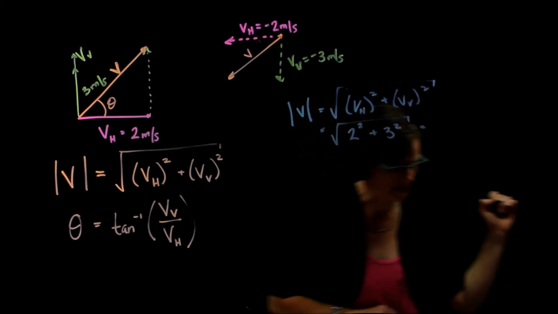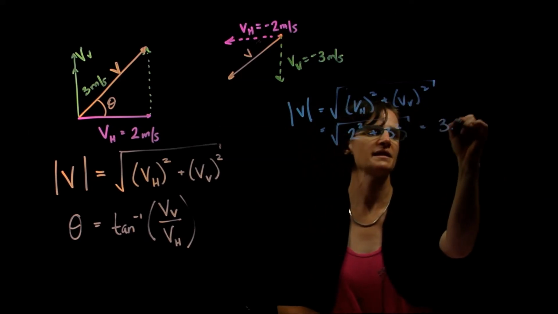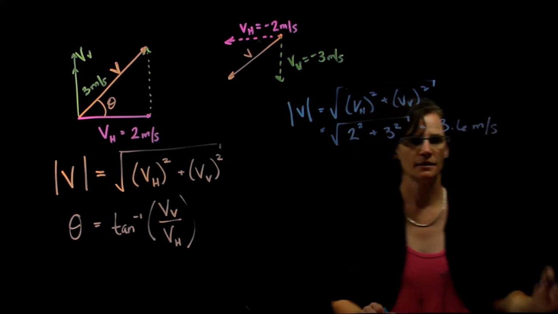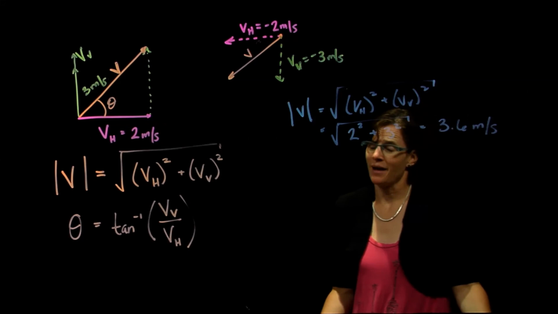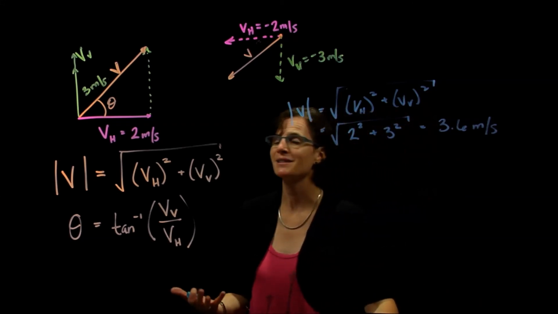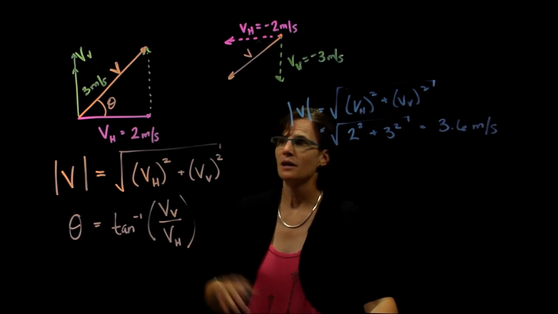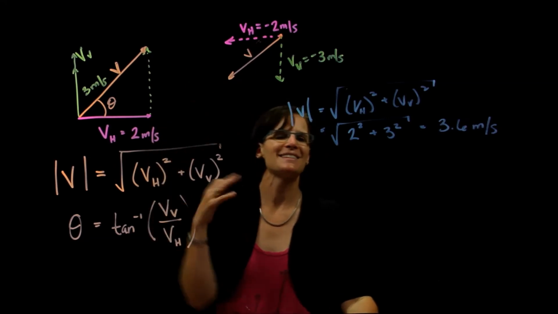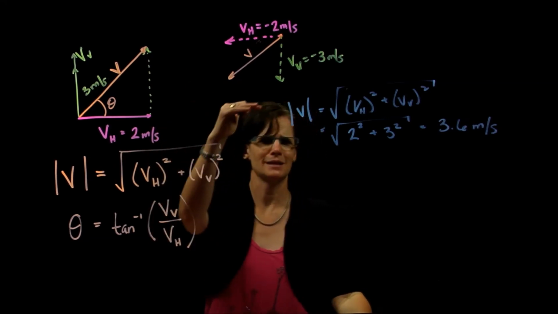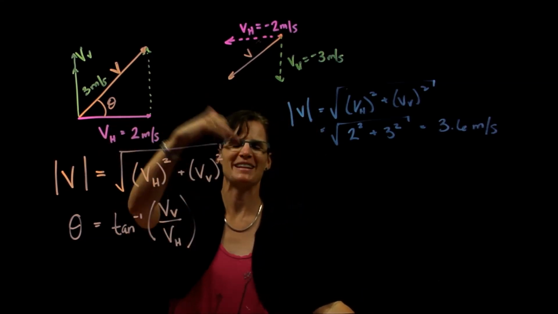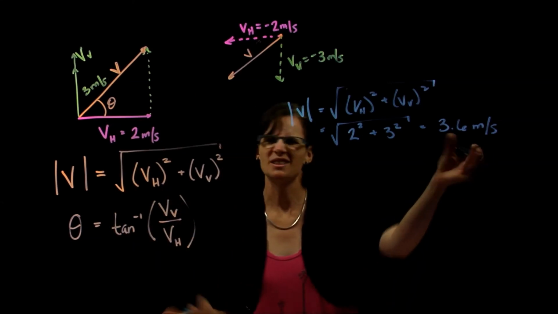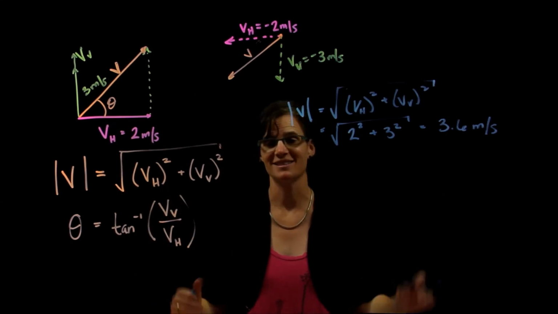And we determined that, of course, to be 3.6 meters per second. So, as we might expect, if a vector is moving to the right and down, or the right and up, at the same component velocity as it is moving to the down and to the left, its overall magnitude should be the same. And we find that it's the same.